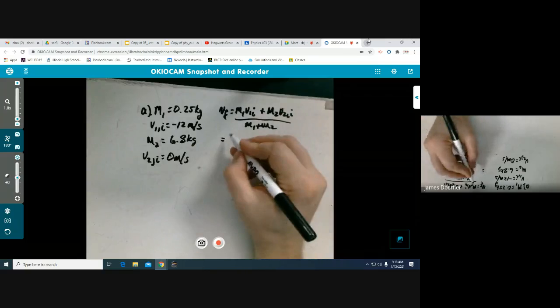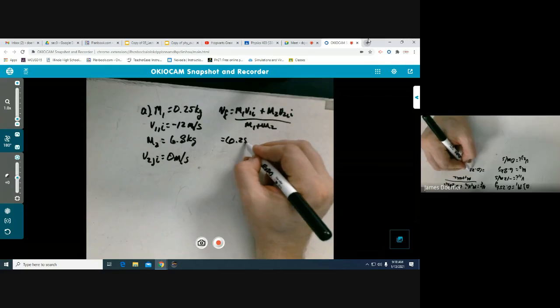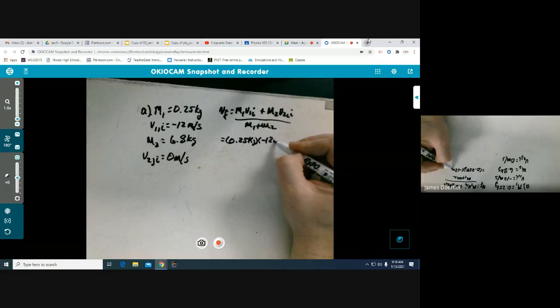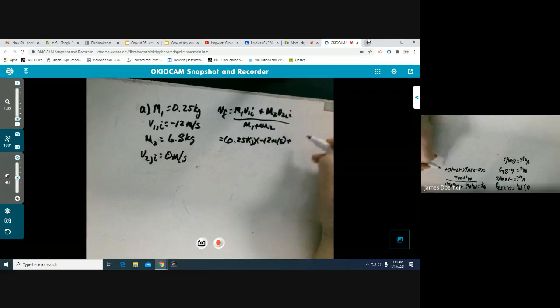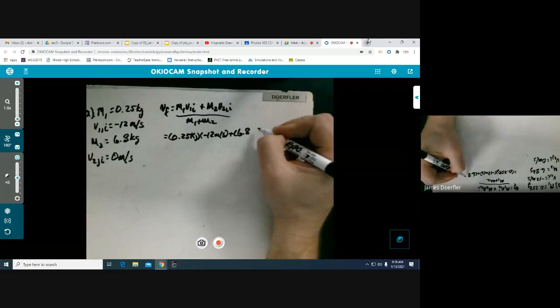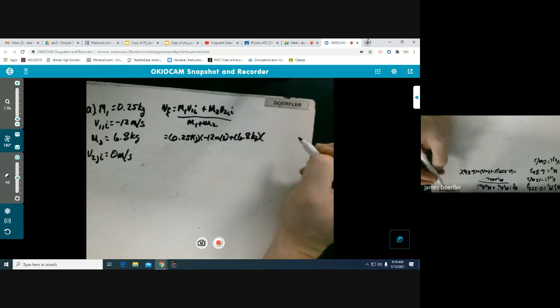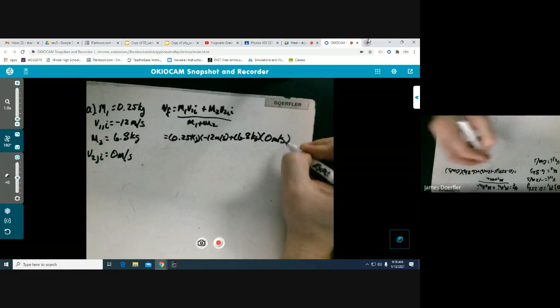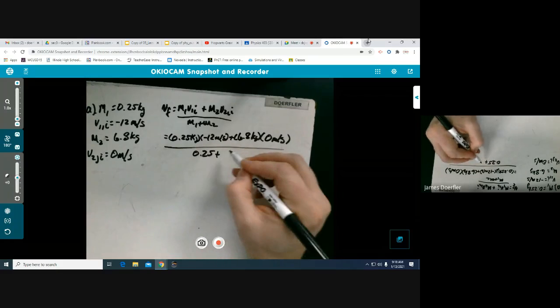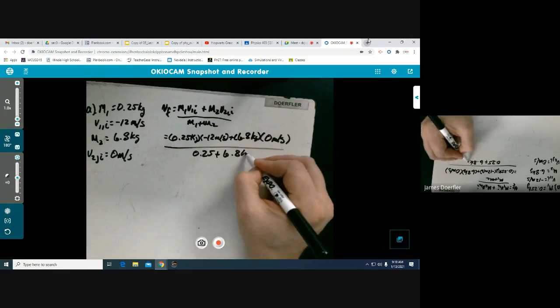Now we can go ahead and plug in our values. 0.25 kilograms times negative 12 meters per second plus 6.8 kilograms times 0 meters per second, divided by the sum of 0.25 plus 6.8 kilograms.